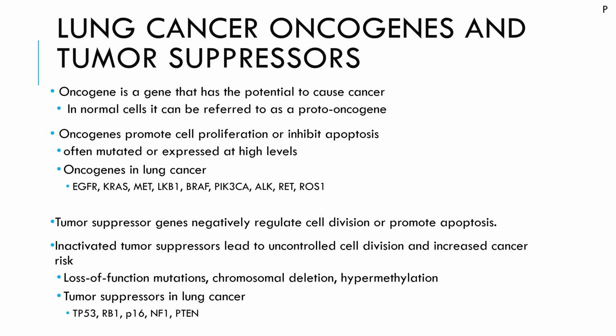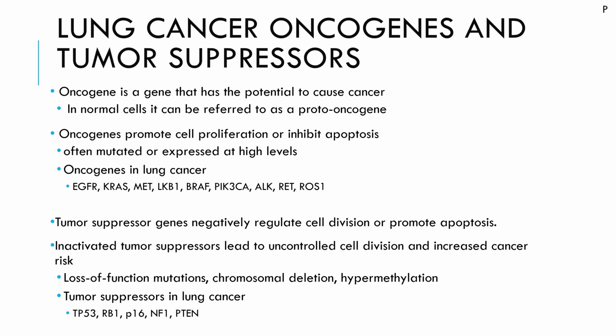Oncogenes are often mutated and expressed at very high levels in tumors. There's a number of oncogenes that are upregulated and found in high levels in lung cancer. This is a list of some of them that you see in the next line there, and it's sort of the usual suspects. We've talked about some of these before.